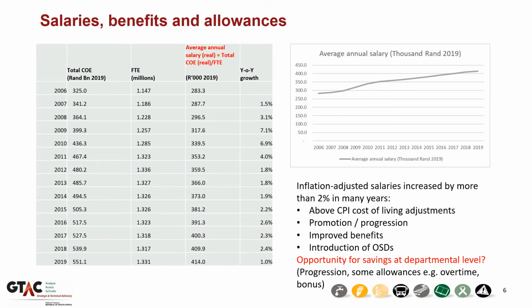So first we have to calculate the average annual salary. To do that, we divide the total COE by the number of people, measured in terms of full-time equivalent for each year. And that gives us an average annual salary.